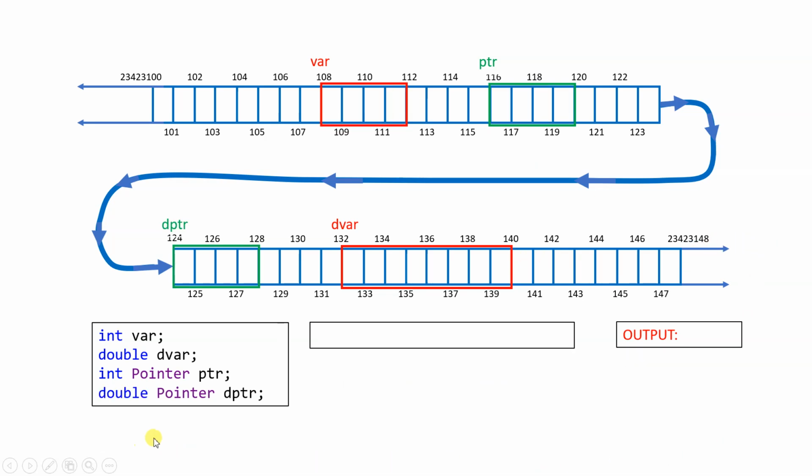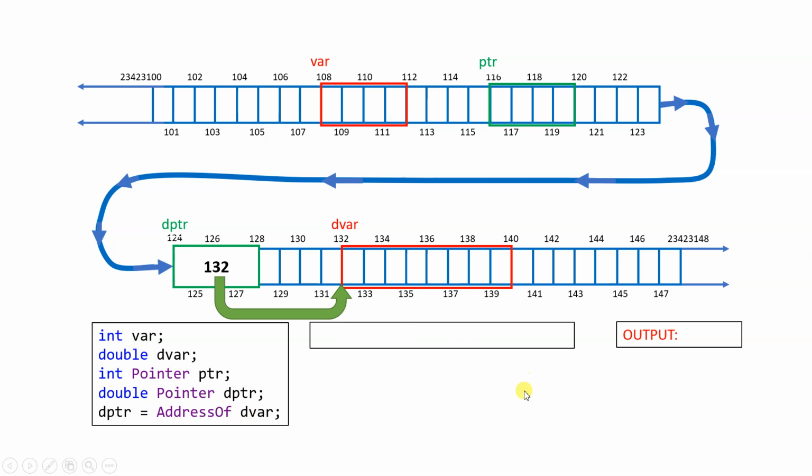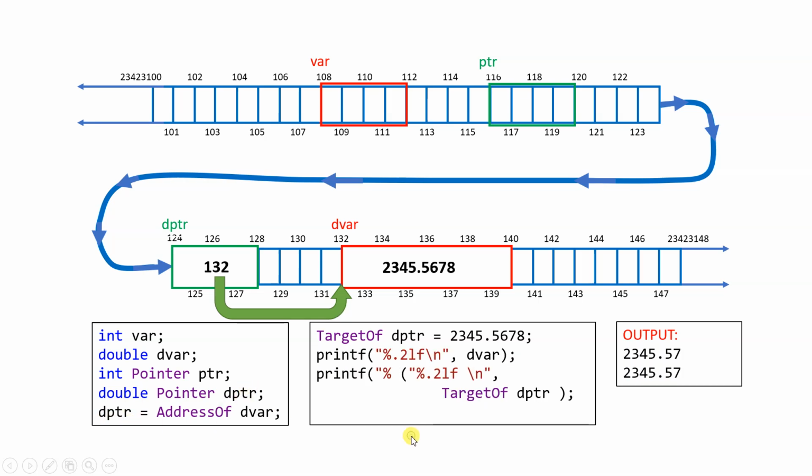And I can do the same thing with the double. Now I can say double pointer dptr, which is essentially another variable. Now I say the target is that, and I put the value. It puts it gracefully because it knows the target of dptr is a double. And everything else will work perfectly. Are we okay with this?